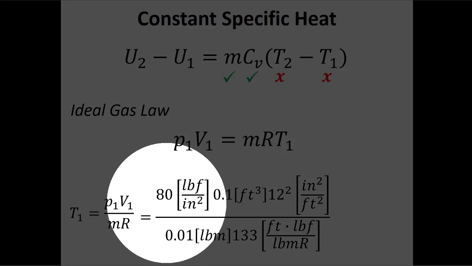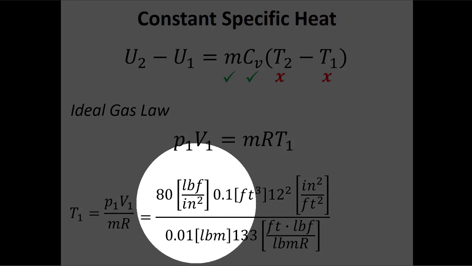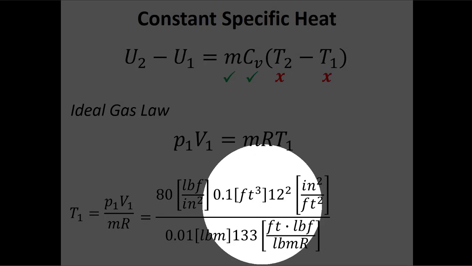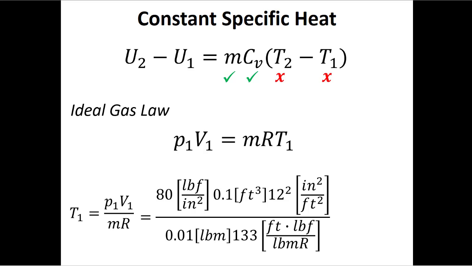Again, I've got to recognize that my units here are a little bit weird because I have pressure in PSI and volume in cubic feet. So I've got to, again, play around with the unit conversions until things look nice. And now I can put this information in my calculator, and I get that T1 is 866 degrees Rankine.